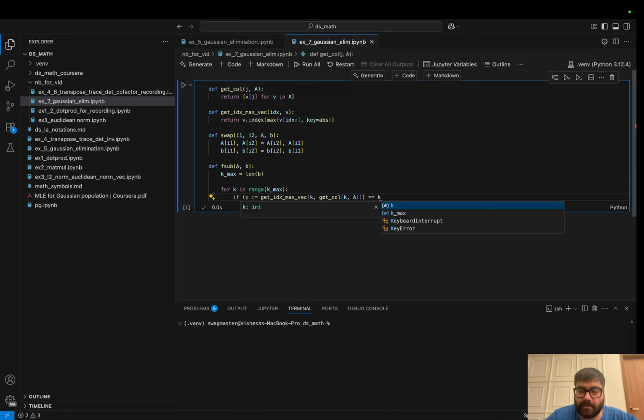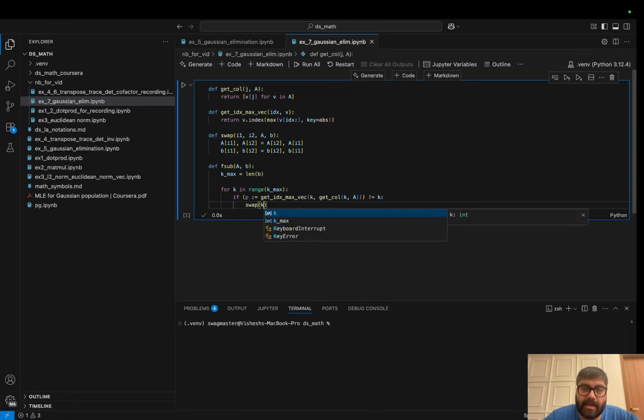So this process might return the same index, which would be the case if all of the below values are either smaller than or the same as the current value. So if it's not equal to k, then we want to swap. We swap in place, so I don't have to do anything about it.